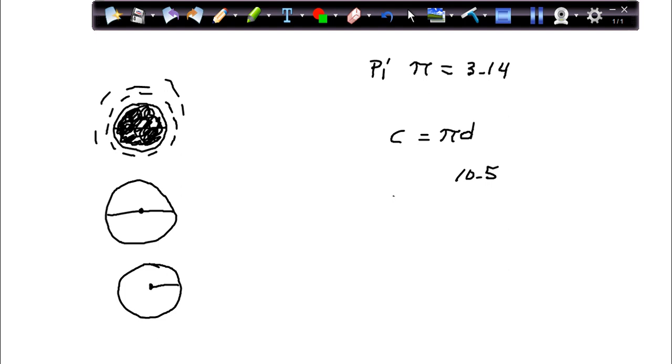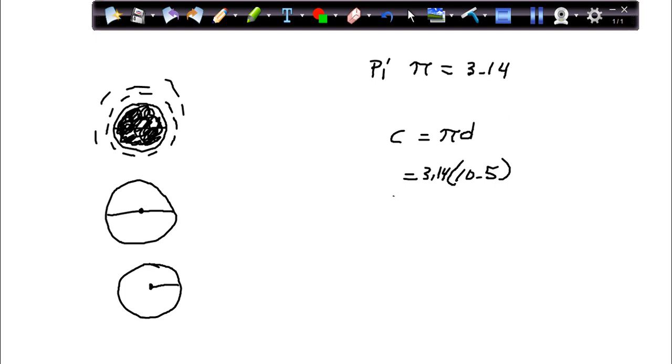And since we know 10.5, let's go ahead and write in pi. 3.14. So now you have 3.14 times 10.5.